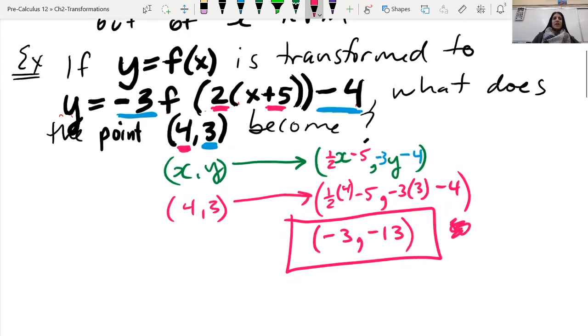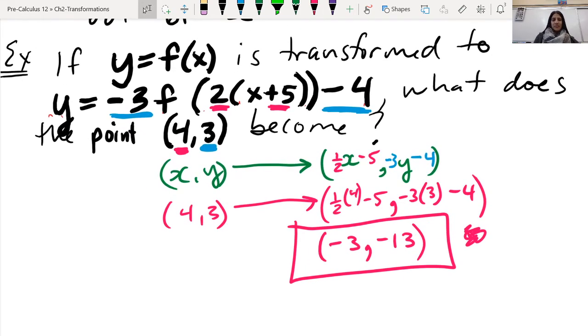If we were to talk about all the different parts, I guess it's important to mention what all the transformations are. Maybe I'll just verbally tell you what they are. I didn't actually ask for it in here, but it's helpful to talk about. This -3 tells us there's a vertical expansion by 3. And if it's a minus sign, that means your y values would change, so it's going to be flipped in the x-axis.